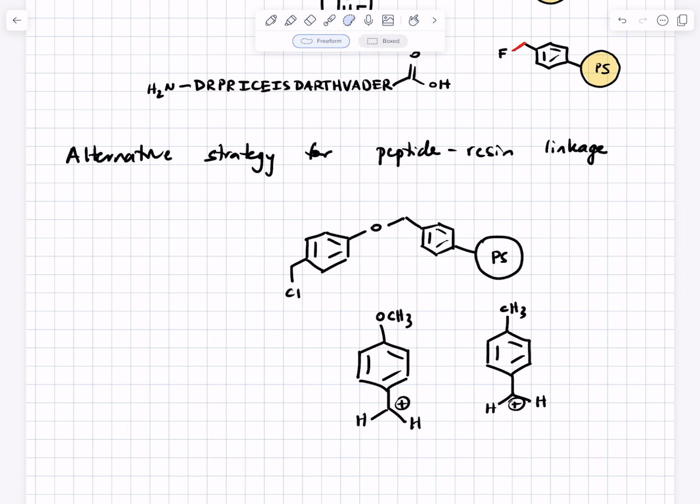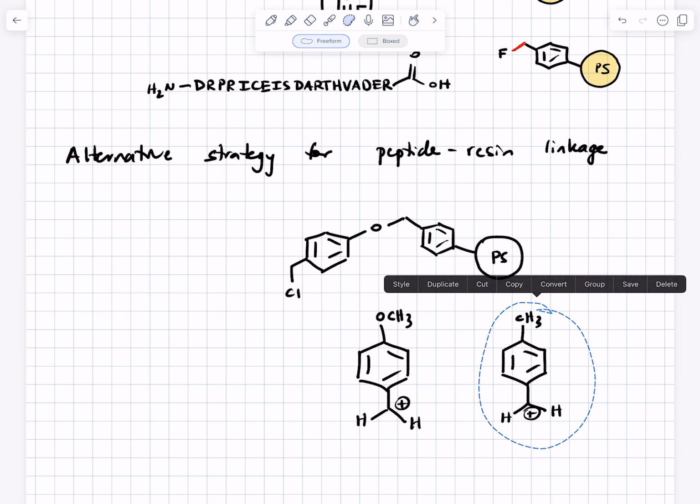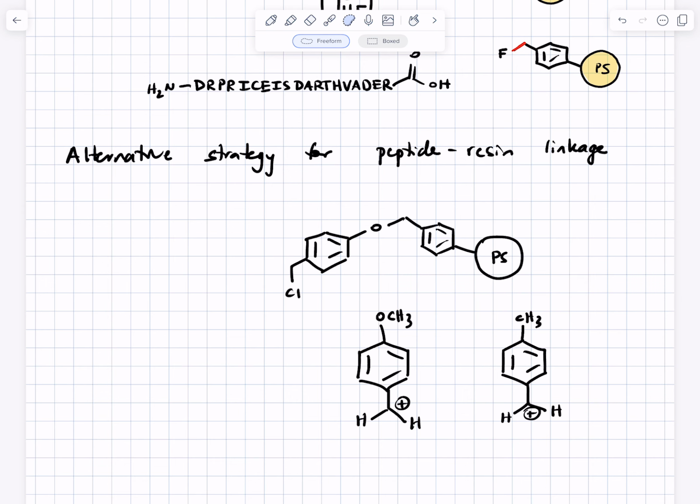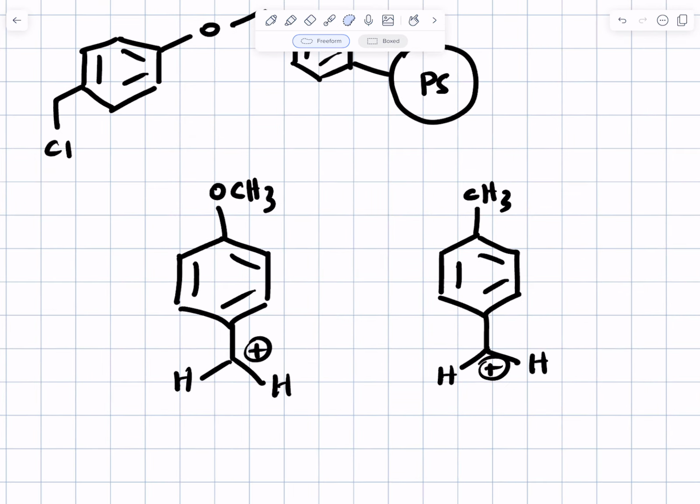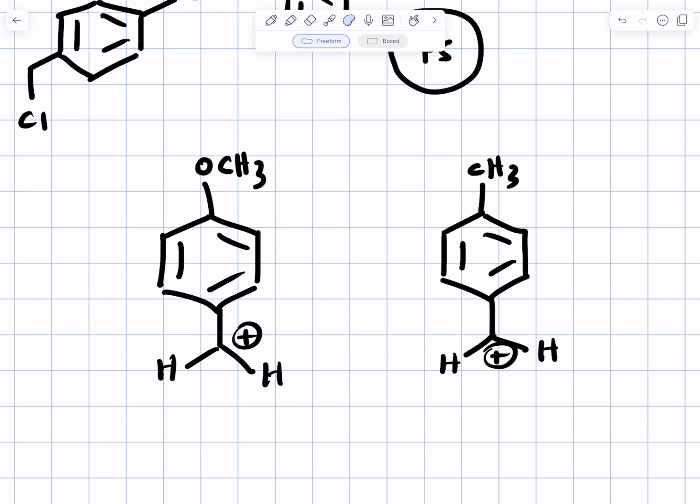Which of those two carbocations do you think is more stable? Any ideas? Which is the better electron donating group? The methoxy group is a better electron donating group.